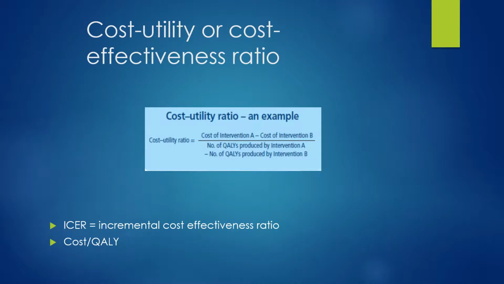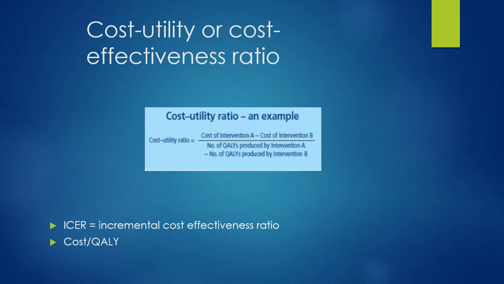At the end of the day, we should have a cost utility ratio. We can use it for cost effectiveness, cost benefit, anything. So here if we replace number of quality produced by intervention A with number of admissions prevented by A versus B, this becomes cost effectiveness. If you replace it with money, it becomes cost benefit.